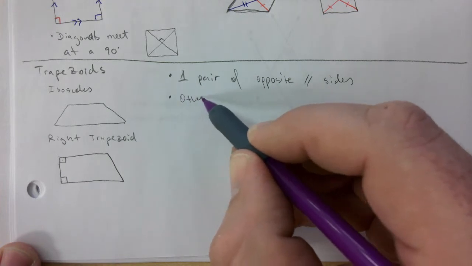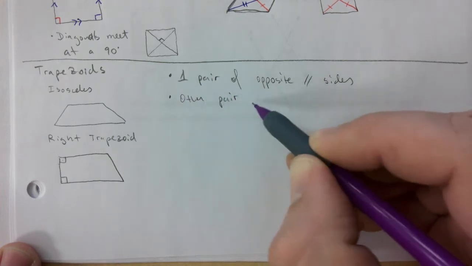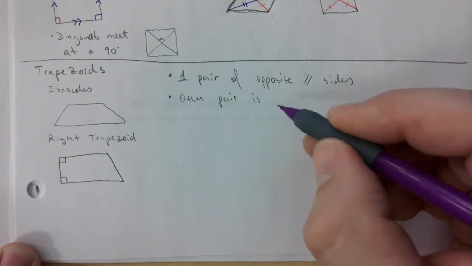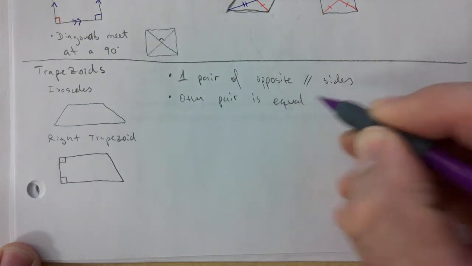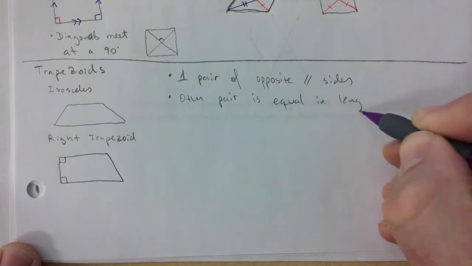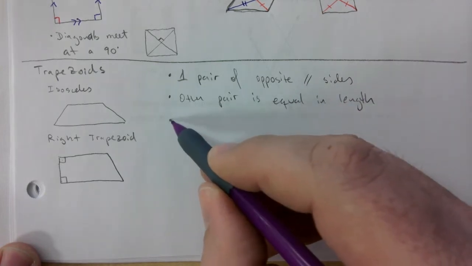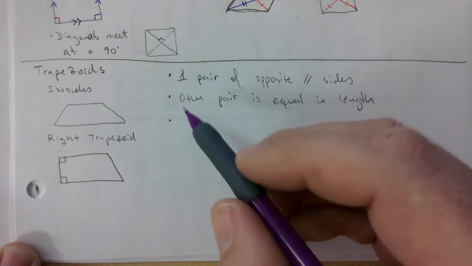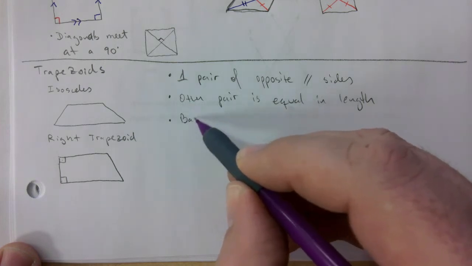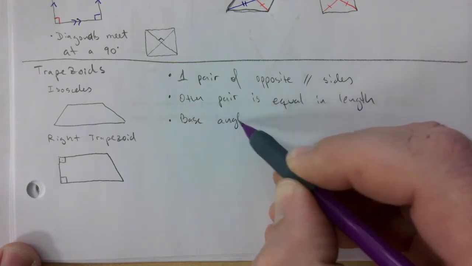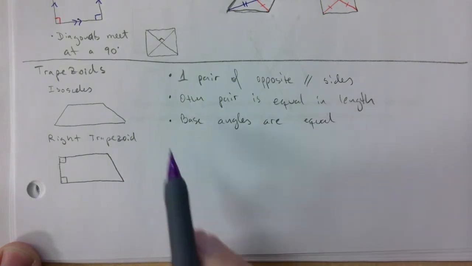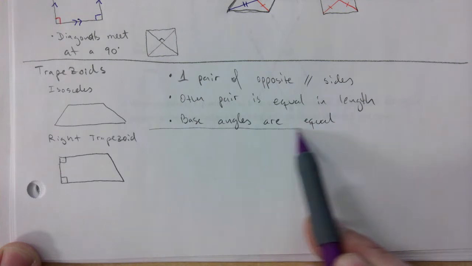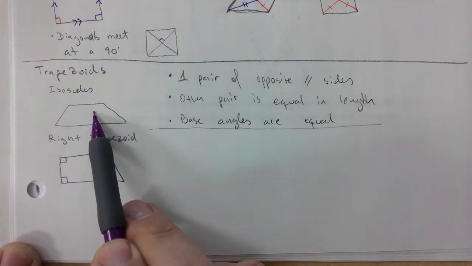The other pair is equal in length. Base angles are equal. We'll make that it for this, this is mainly for the isosceles trapezoid.